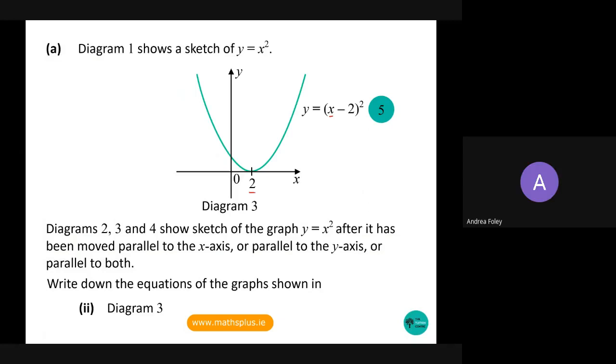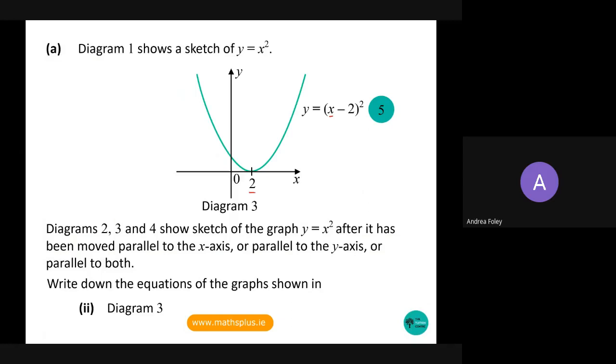Again, this question's on a 0, 3, 5 scale, very similar marking to the previous one. Your partial credit here is for identifying the -2, showing that you know that the movement to the right of that graph is identified by -2 within the function. Marks here are awarded for y equals x minus 2 all squared, or f of x minus 2, or if you multiply out the bracket as well.